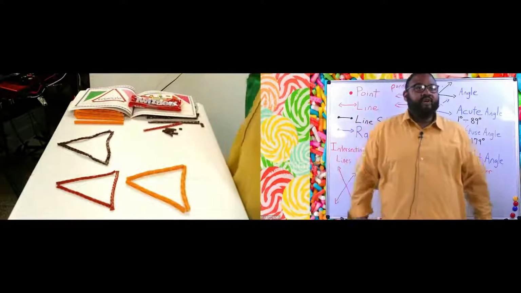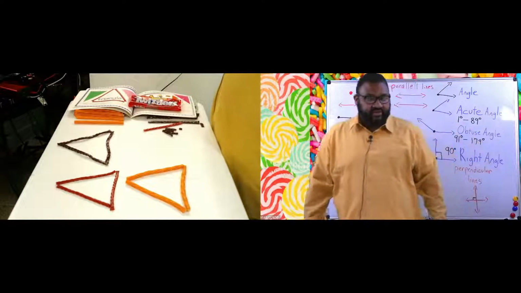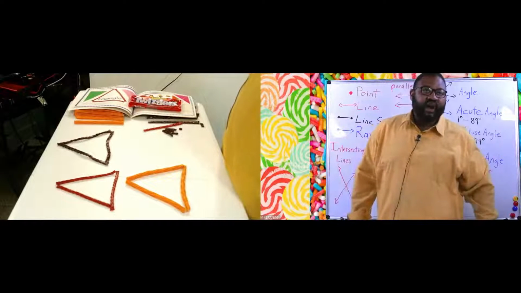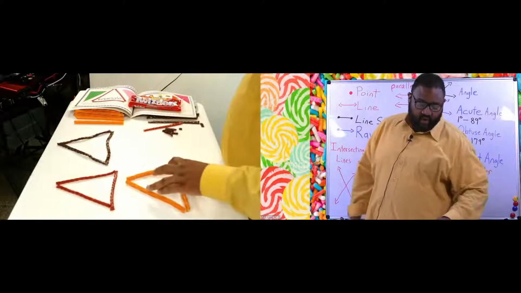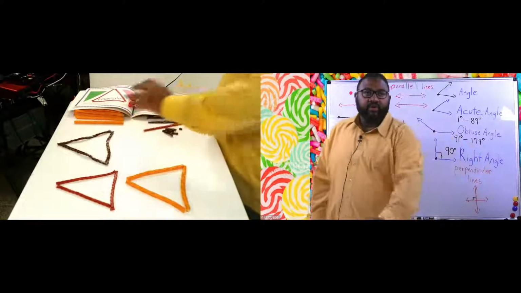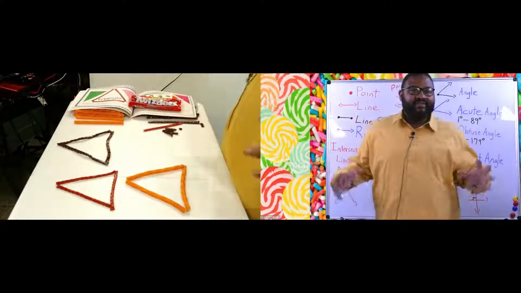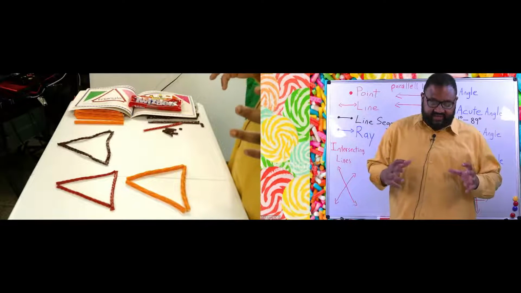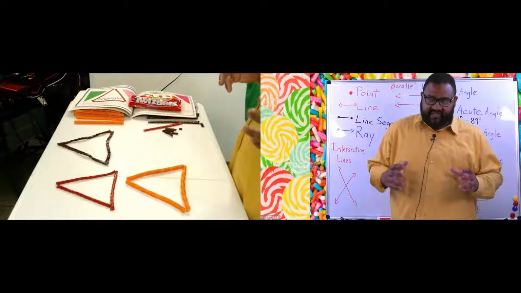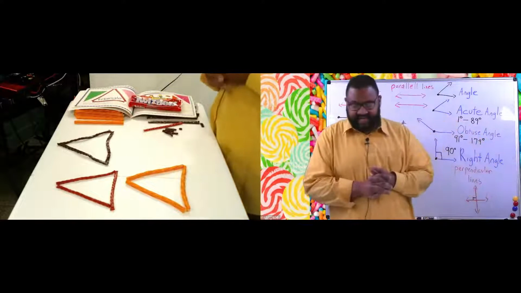All right, so if you can see right here, these are my Twizzler triangles. I have red, orange, and purple. The cool part is, guess what? These are all considered to be equilateral because the reds are all the same size, the orange are all the same size, and of course the purple are all the same size.